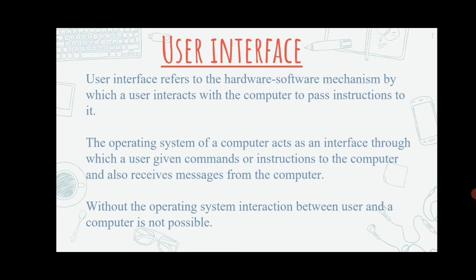This is an interaction between user and the computer. The operating system acts as the interaction interface between user and the computer. The operating system takes the commands from the user and converts these commands into computer language and executes that command and gives the output by converting it into the user's language.